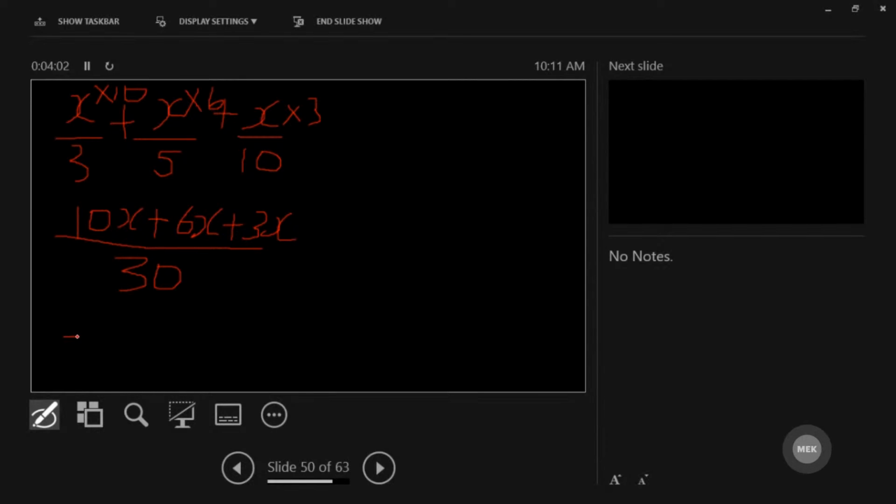So when we add those up, 10x plus 6x is 16x, plus 3x is 19x. And we put that back over 30.